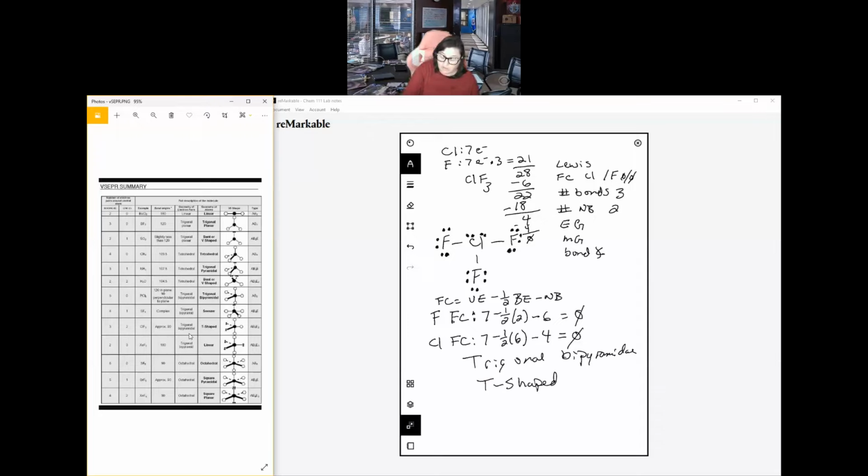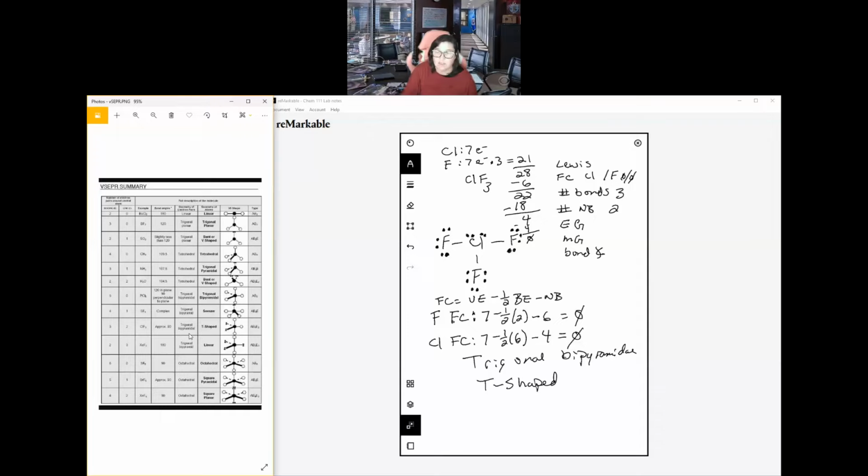Notice that we have the fluorine here going through to the other fluorine on the other side, and then down to the fluorine that's here. So that is T-shaped because we're ignoring those non-bonding pairs that are up in here.